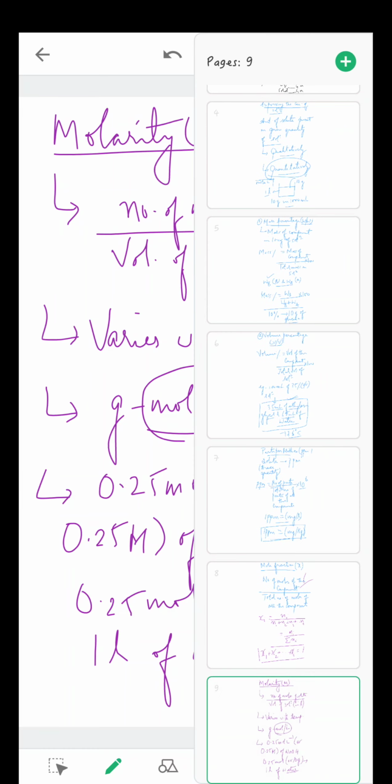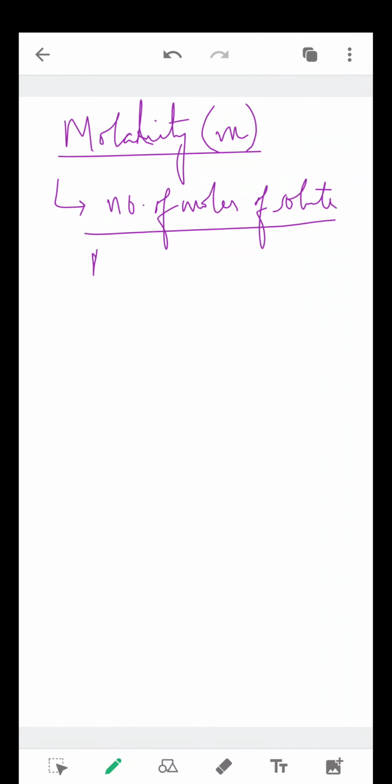The last concentration term is molality, denoted by small m. Now it is defined as number of moles of solute divided by mass of solvent in kg, or 1000 gram, you can rather say.